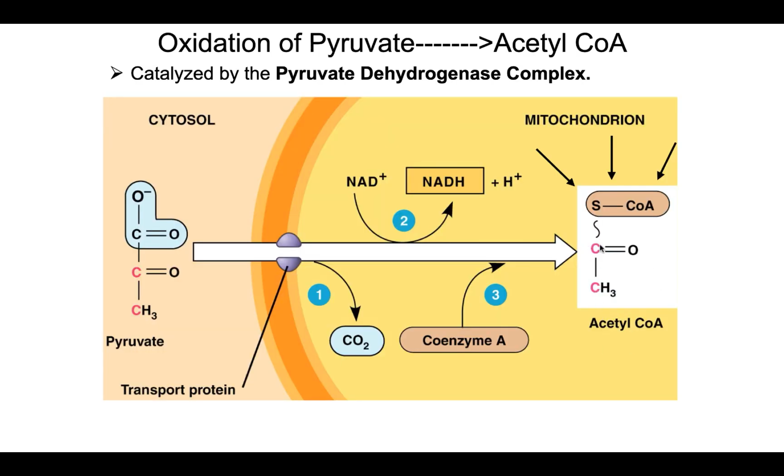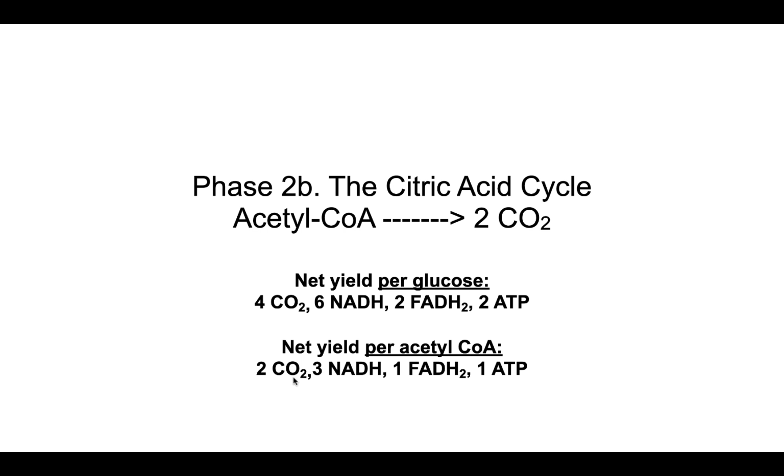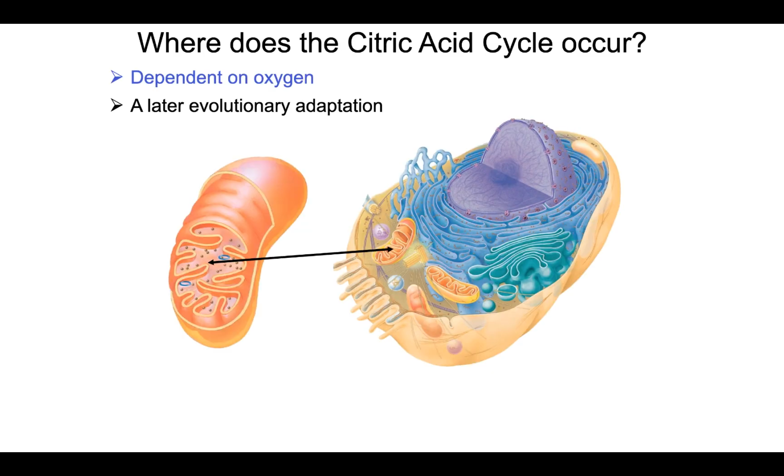There's the oxidation of our final 2 carbons, turning this acetyl-CoA, 2 carbons, into 2 CO2, 2 carbons. 3 NADH, 1 FADH2, and 1 ATP. And don't forget, if we're talking about per glucose molecule, that generates 2 acetyl-CoA, and so you have to double all of those numbers.